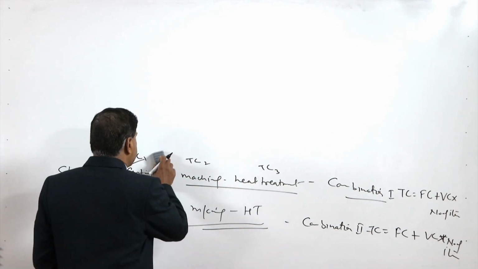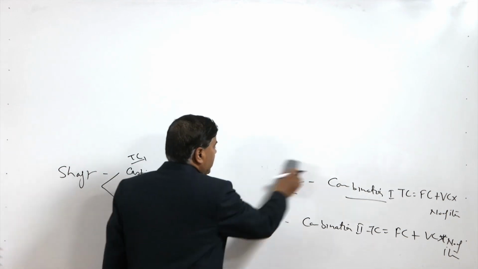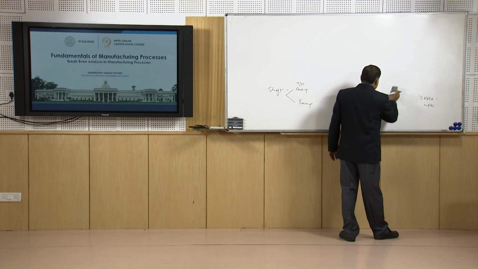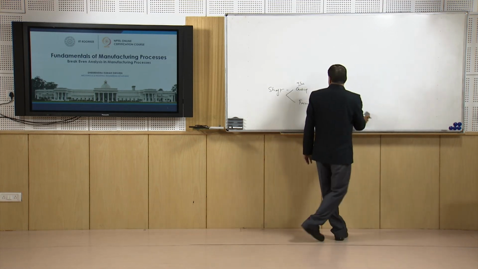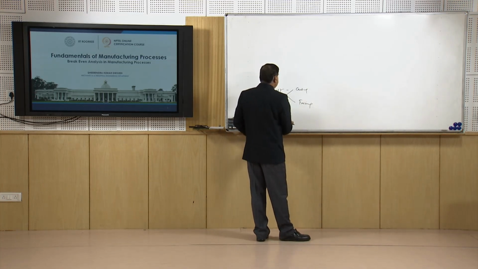And if it is simple, like if the choice is to be made only between forming and casting, then it becomes pretty simple, where just the total cost for manufacturing the given volume of the product by forming and by casting is identified.